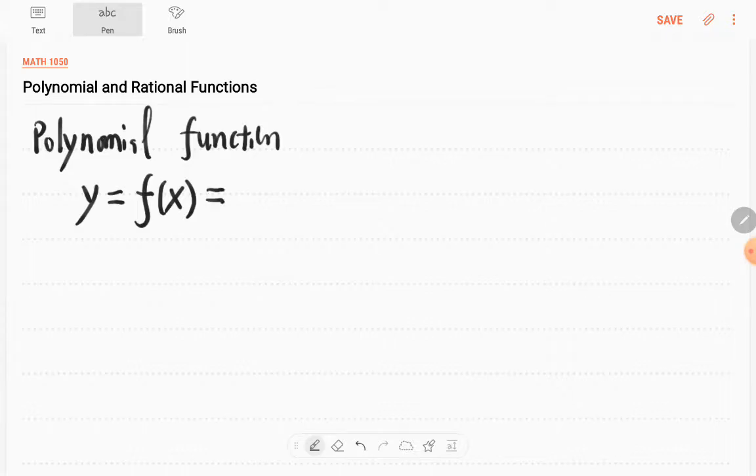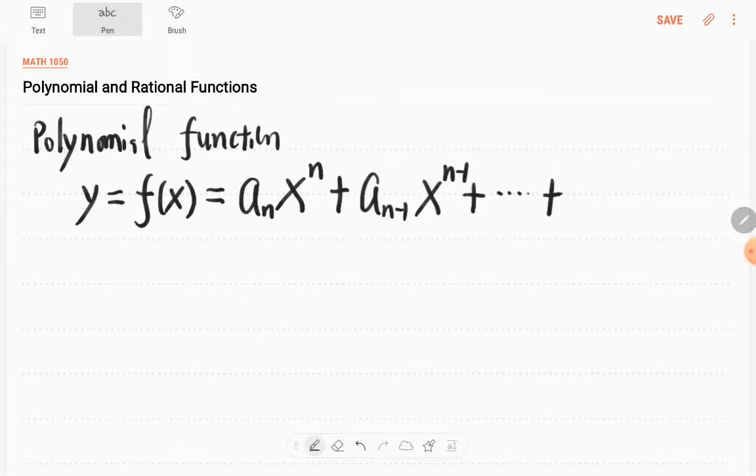It can be written as a sub n x to the n plus a sub n minus 1 x to the n minus 1 plus and so on. And you continue a1 x to the 1, which is just x, right?